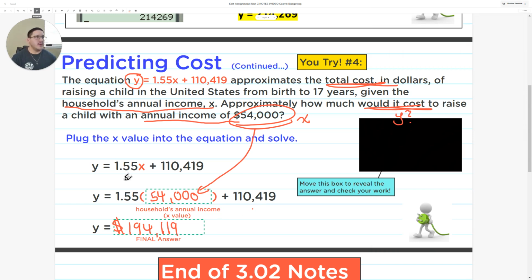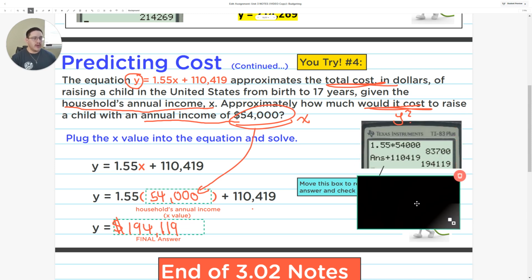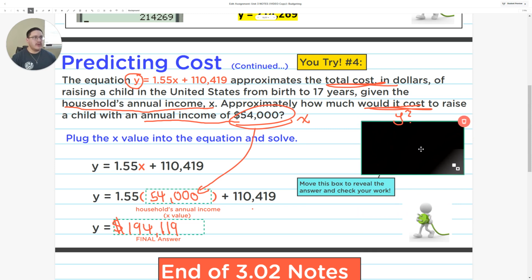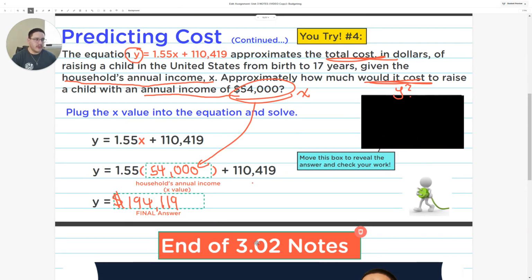So if you have an annual income of $54,000, then it's going to take approximately $194,119 to raise your child from birth to 17 years. And that's it for problem number 4, and that's it for 3.02 notes in general.